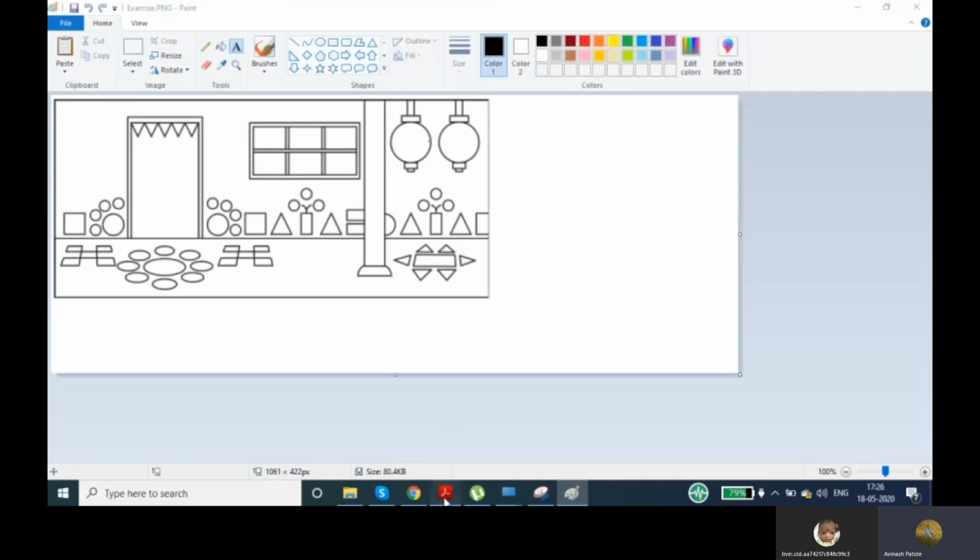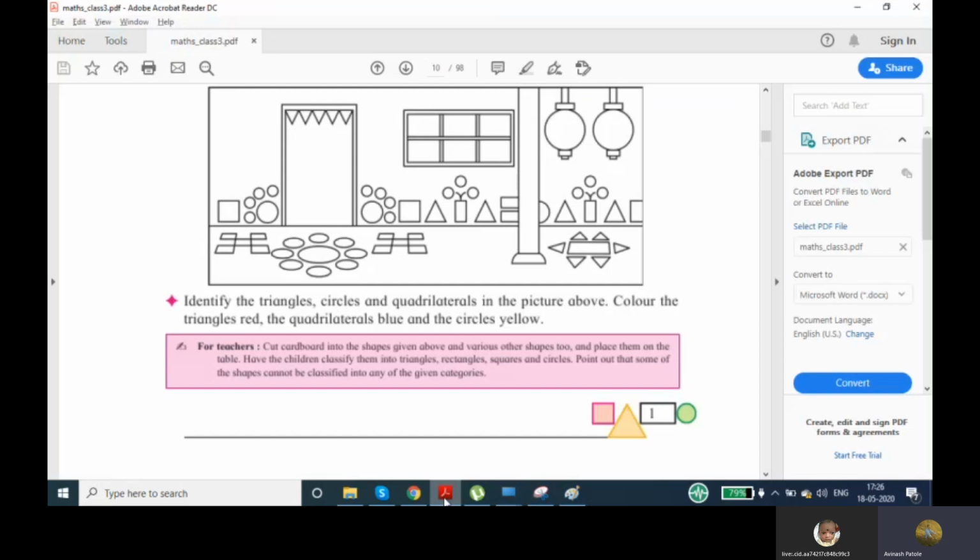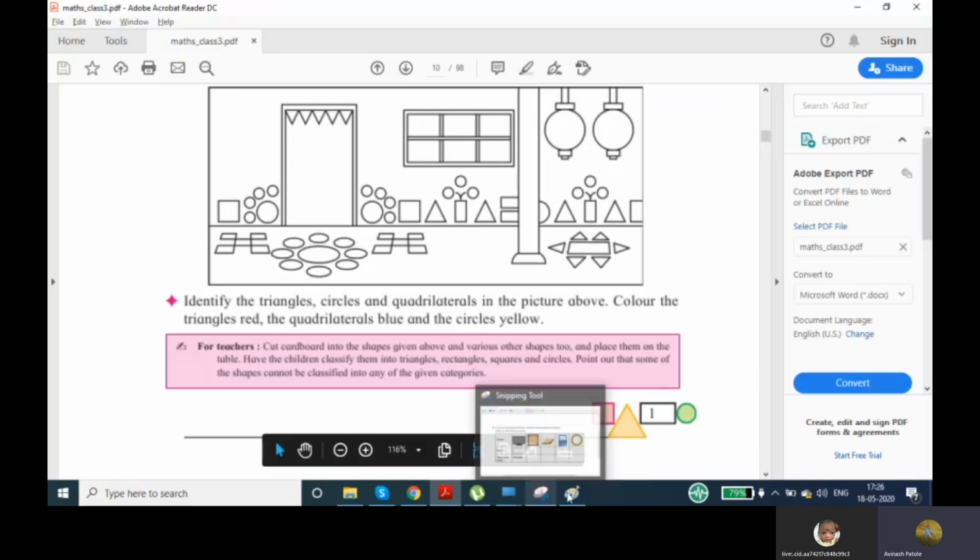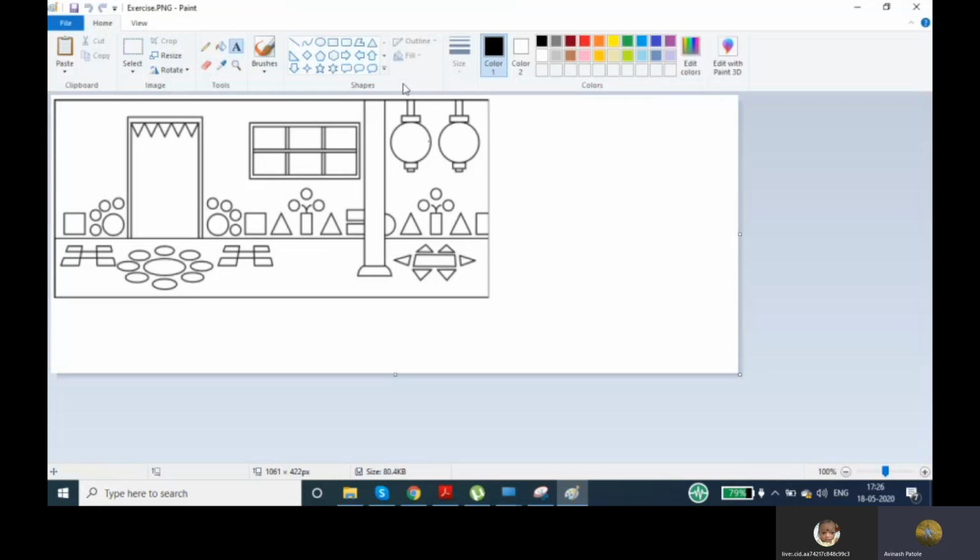Now let's remember they have already clearly indicated that triangles should be red. So we are going to start finding all the triangles and color them in red. So we select red color, and now let us search for all the triangles. So let's start from this door, and we can see these triangles here, and we are going to put colors.